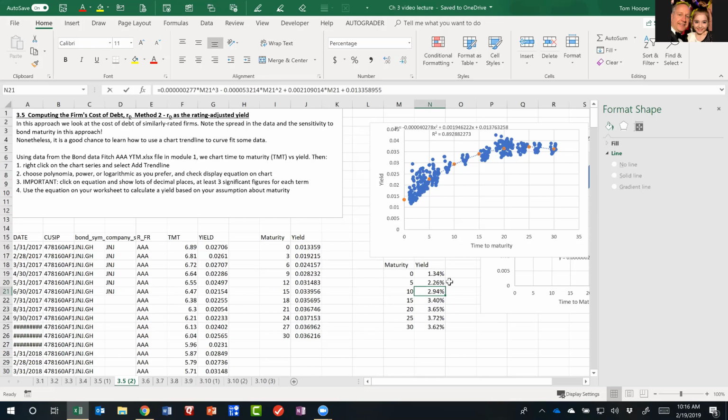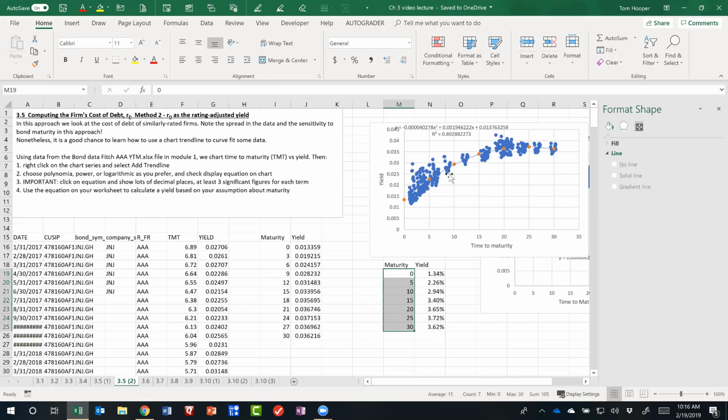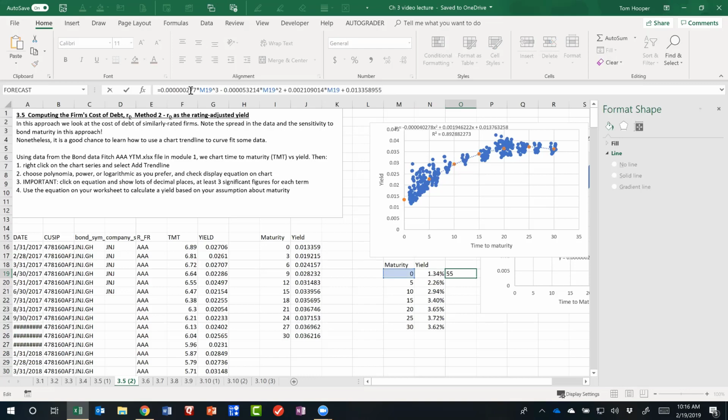And so what I did is I put the formula in, and then I applied it to these different maturities and created these orange dots on the chart just to make sure that they kind of line up with that trend line.